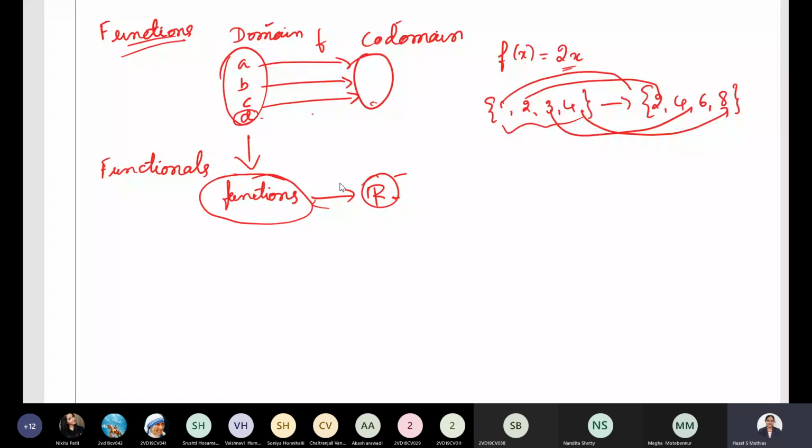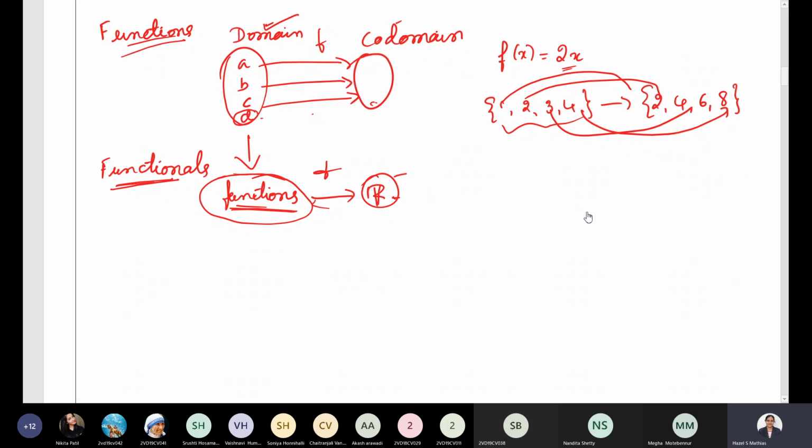In the case of functionals, the domain is a set of functions, so all the functions are the elements present in the domain. If every element of the domain, which is a set of functions, is assigned to a real number, then we say that there exists a functional. So this is the difference between function and functional.